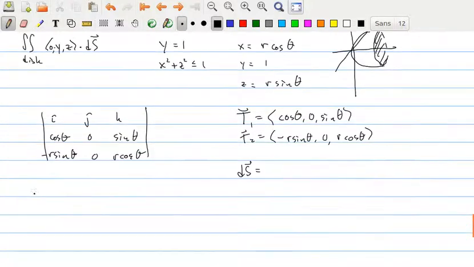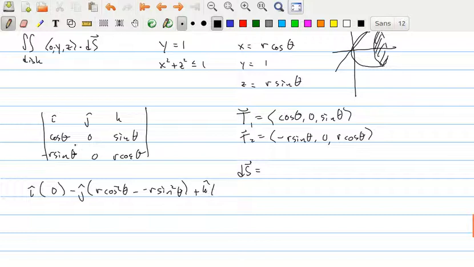We expand this out. In the i column, we've got 0 minus 0. In the j column, cosine times r cosine is r cosine squared theta. In the j, we're subtracting sine times negative r sine, which is negative r sine squared.